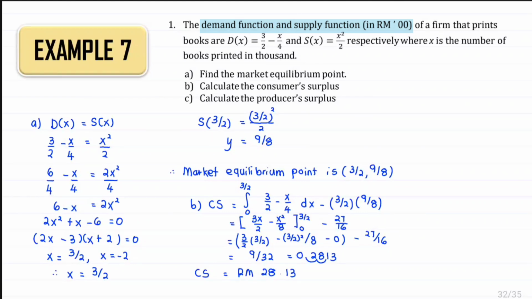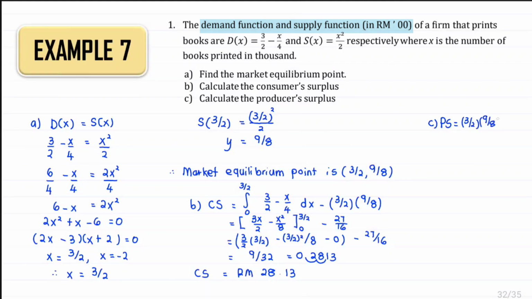Okay, and last C, we find producer surplus. PS equals xy, x 3 over 2, y 9 over 8, minus integrate from 0 to 3 over 2 the function for Sx, x squared over 2 dx. Then we get 27 over 16 minus x cubed over 6 from 0 to 3 over 2.